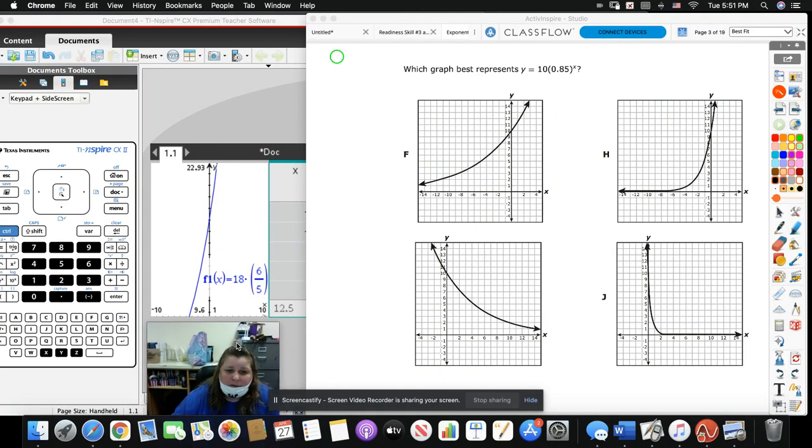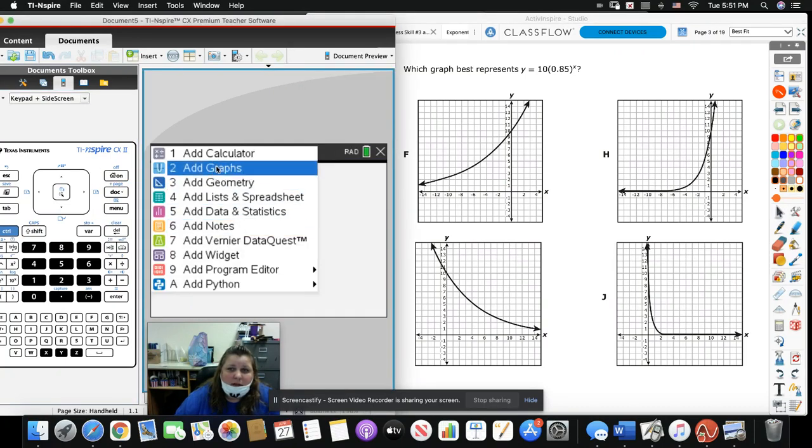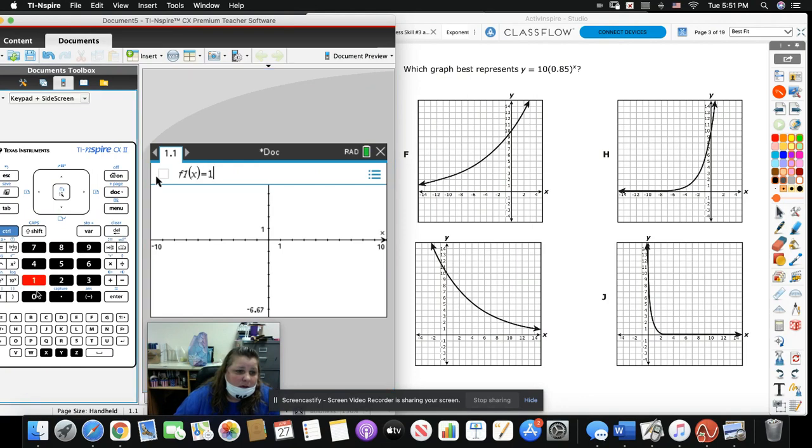Move my face over here. All right, so you should have gone to home, new document, save changes, no, add a graph. We have 10, open parenthesis, 0.85, close parenthesis, caret squared.